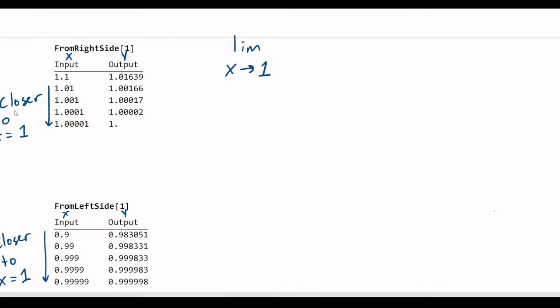Get used to it because I'm a color coding fiend. Plus. So see this plus sign here? That tells me I'm coming from the right. Okay? So the limit as x approaches 1 from the right of my function is 1.